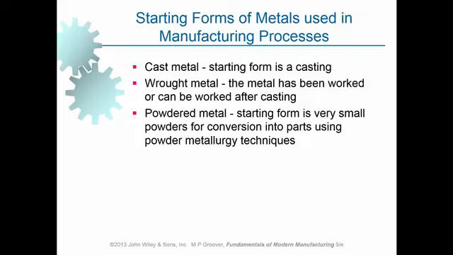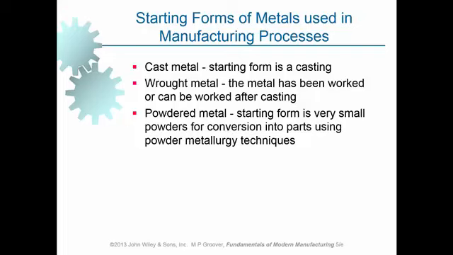Metallic materials, when we want to make use of metallic materials in order to produce different products, are available in different shapes, the ones that are listed here. Cast metal is a very common type of production of raw metallic materials. We cast them into different shapes, and it forms the general shape of the product, and then we subject it to further processes in order to bring it to the final shape and geometry.